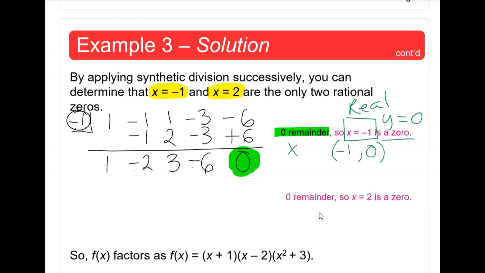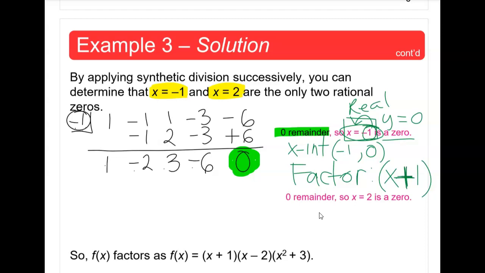Don't forget that. And since we have this equation as a 0, we know that the factor is going to be x plus 1. Like if you were to take this -1 across the equal sign, it will turn into +1. So that is one of our factors.